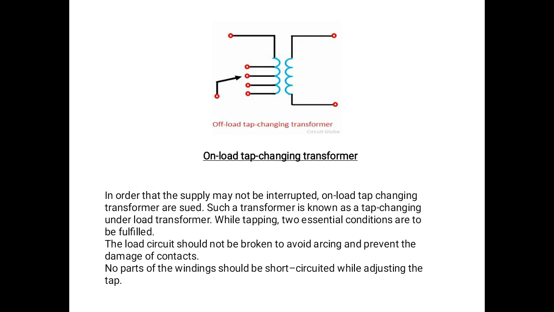First, the load circuit should not be broken, to avoid arcing and prevent damage to the contacts. Second, no part of the winding should be short circuited while adjusting the taps. It means taps are changed in such a manner that the winding is not short circuited.